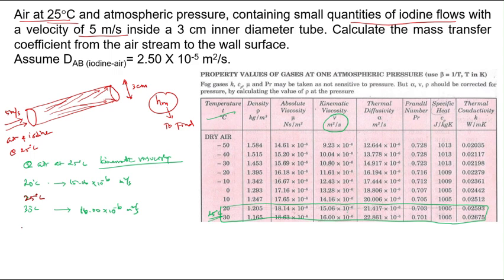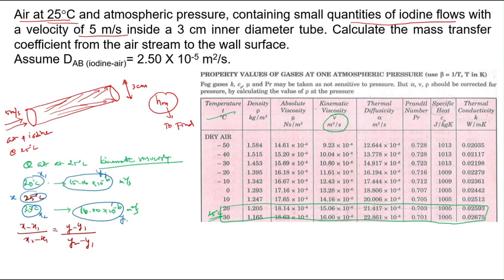In the interpolation method, (x minus x1) divided by (x2 minus x1) is equal to (y minus y1) divided by (y2 minus y1). Here this is x1, this is x2, this is the value x, this is y1, y2, and y is what we are going to find.